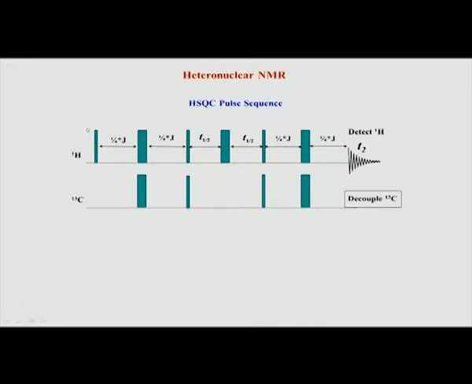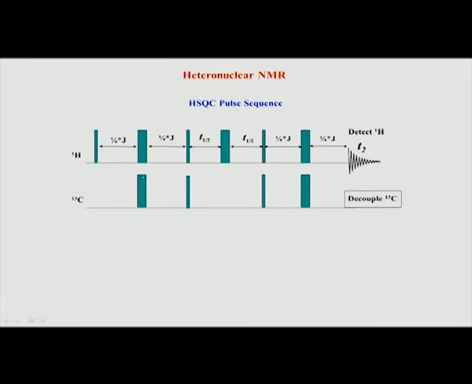Here, this narrow rectangle is a 90-degree pulse. Everywhere you see a narrow one it is a 90-degree pulse, whereas this fat rectangle is called a 180-degree pulse. This 90 and 180, you remember, is the flip angle, the angle by which the magnetization rotates, from the z axis to y, and this is from z to minus z.